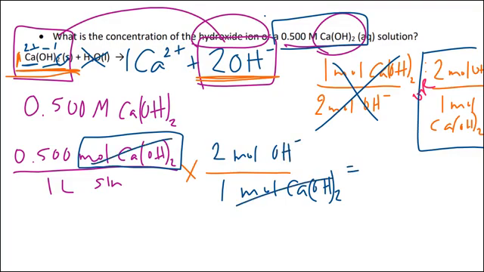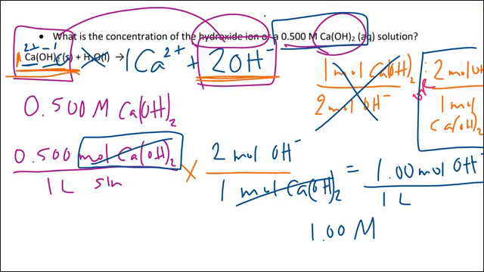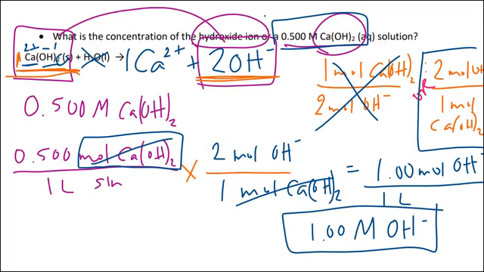So those will cancel. And then we need to do 0.500 times 2 divided by 1. So this would give us 1.00 with 3 sig figs moles of hydroxide over 1 liter of solution. So 1 divided by 1 is going to give us 1.00 capital M molar of my hydroxide ion concentration.